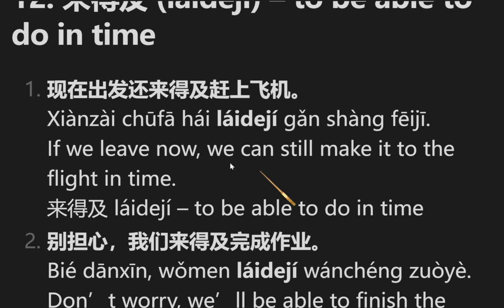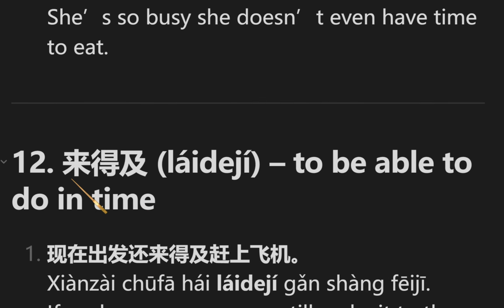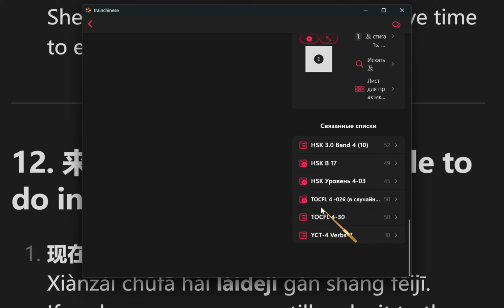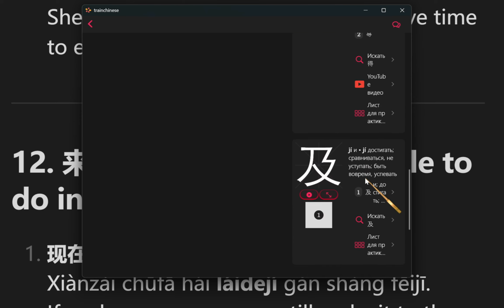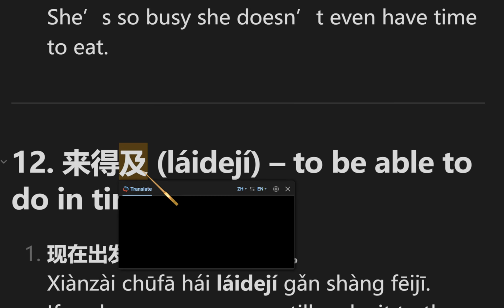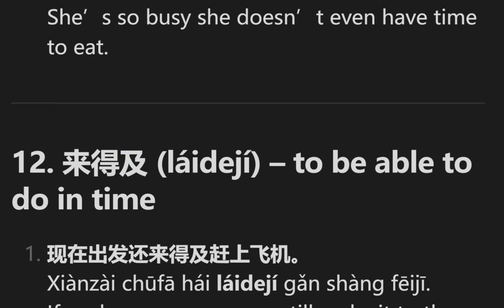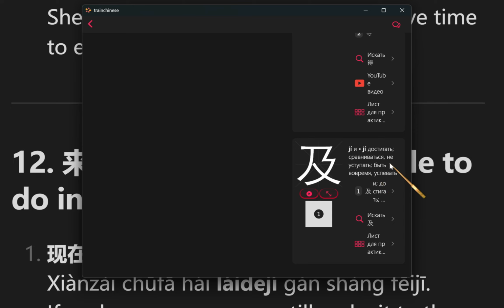So, to be able to do in time. 来 is to come, and 得及 is to be on time, to have time.